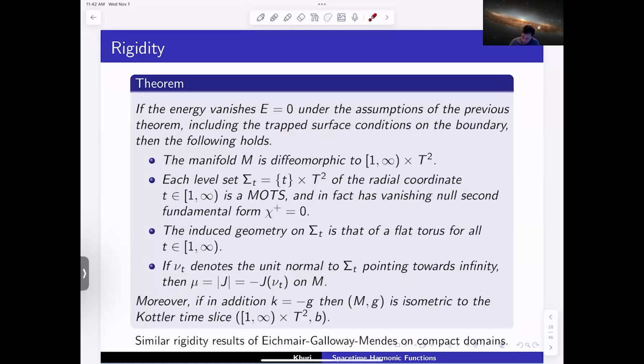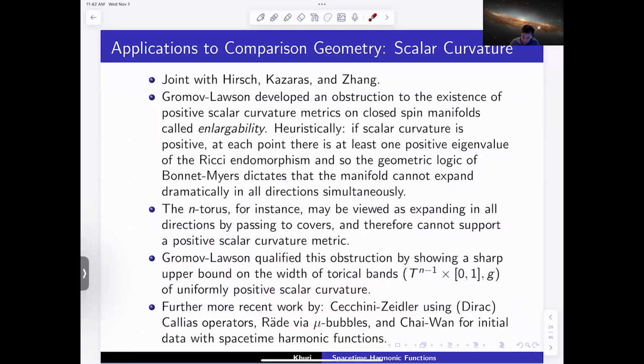Okay, let me move on to some applications to comparison geometry. Here, I probably don't need to say this for this audience, but the motivating idea is the notion of enlargeability due to Gromov and Lawson.